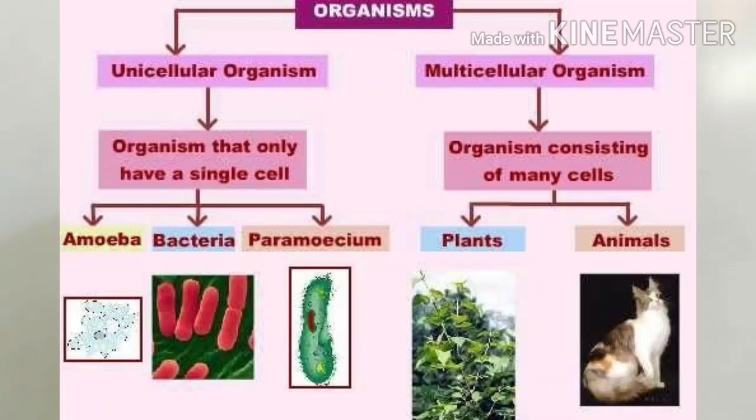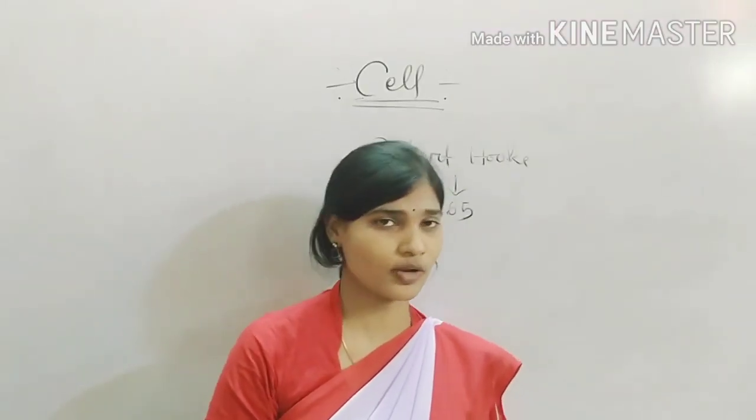We are the examples. So human beings are examples of multicellular organisms. Cats, dogs, etc. also are examples of multicellular organisms.